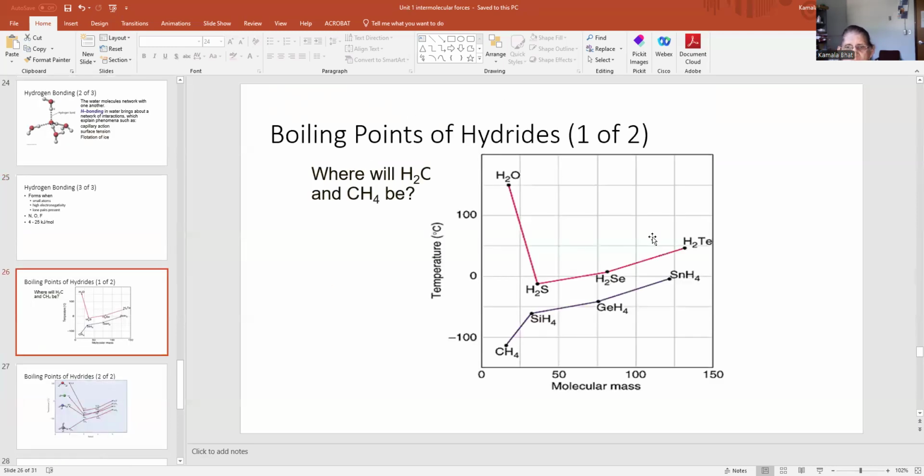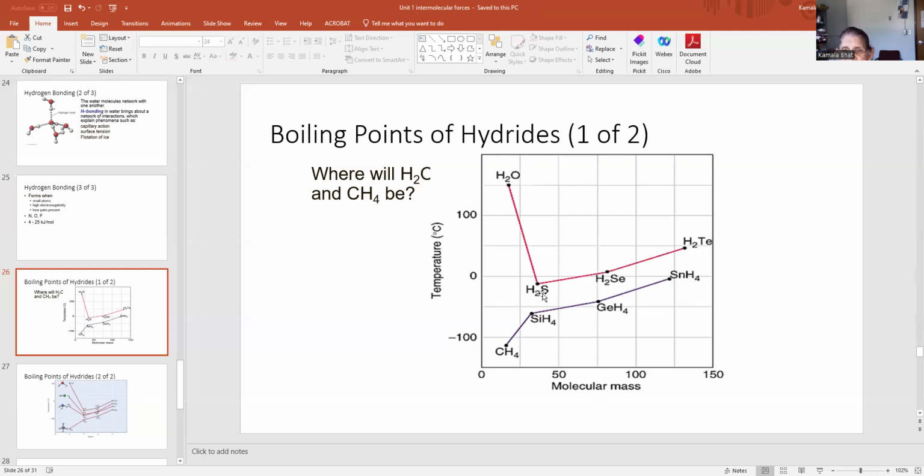Boiling points of hydrides. You can see where H2O and CH4 will be. Basically, this is a plot of temperature versus molar mass, and you can see the effect of hydrogen bonding: when the hydrogen bonding is very strong, the boiling point goes up very high.